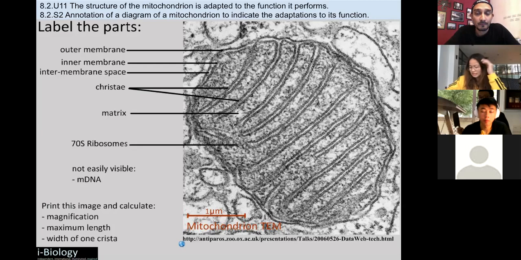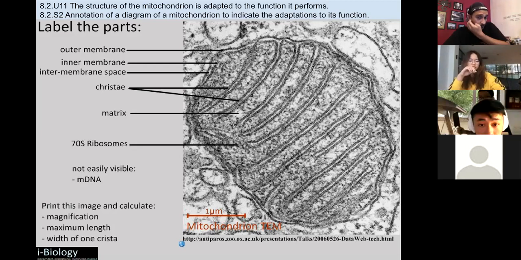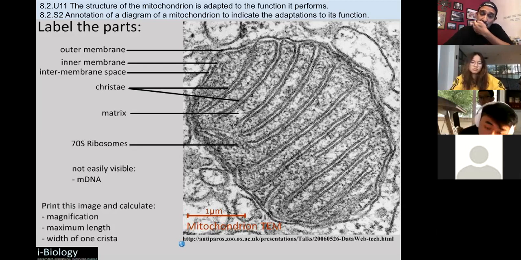Mr. Nealon, is the black thing the phospholipid bilayer? The black thing on the cristae. Yeah, because like outside, the nucleus, the rough endoplasmic reticulum, there's also black things, which is the ribosomes.